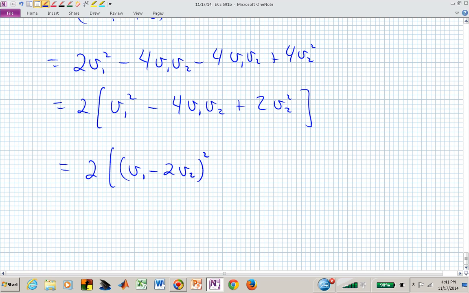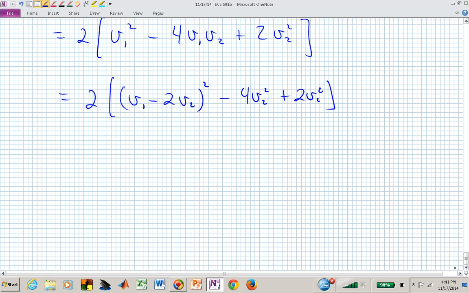I'm now adding 4v sub 2 squared. I need to take that away in forming that first squared term, so that now I have 2 times the quantity v1 minus 2v sub 2 squared minus 2v sub 2 squared.